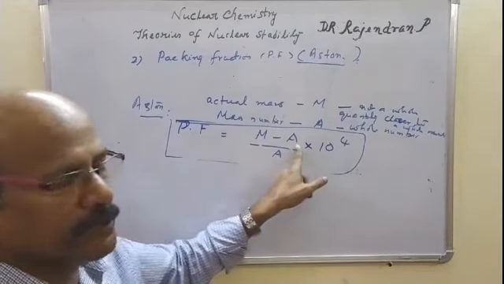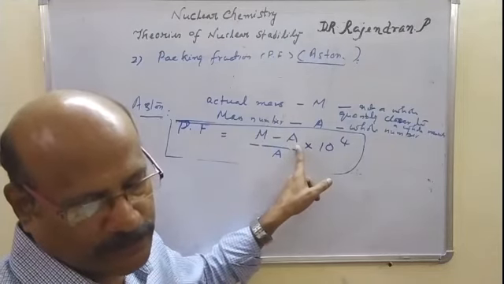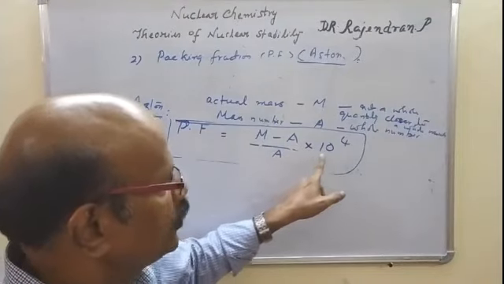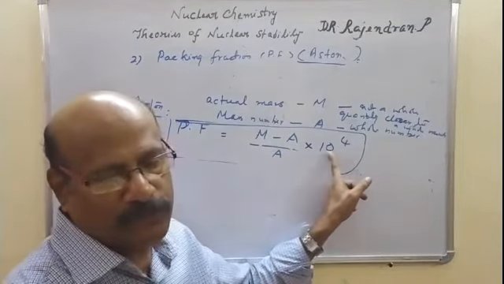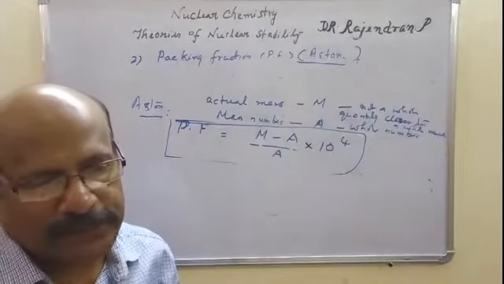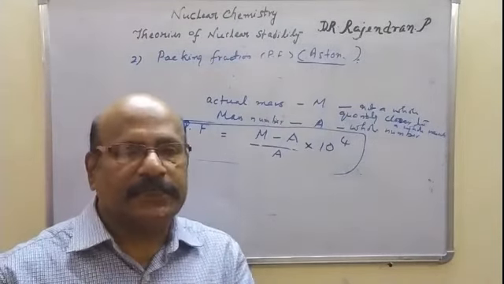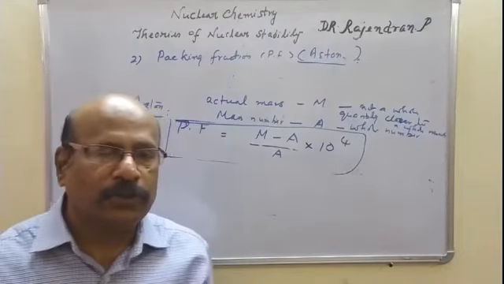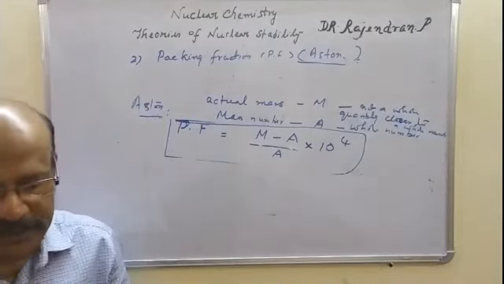A is the mass number, which is always a whole number. Generally it is seen that nuclei with a positive packing fraction are unstable, and those with a negative packing fraction are stable.